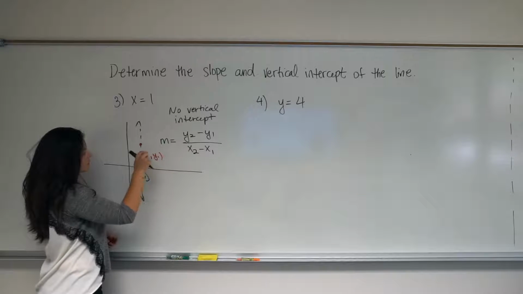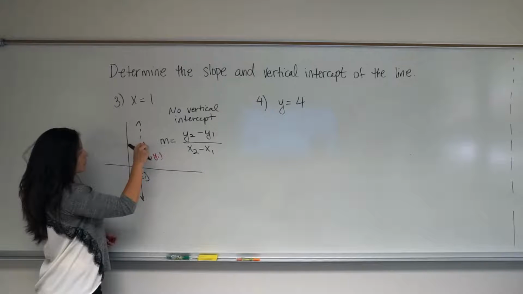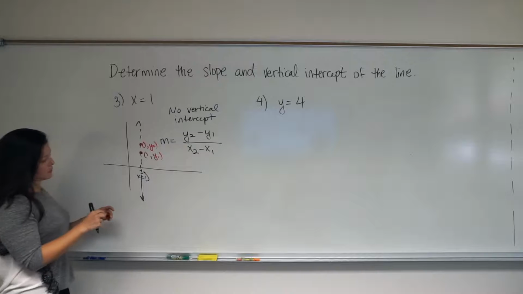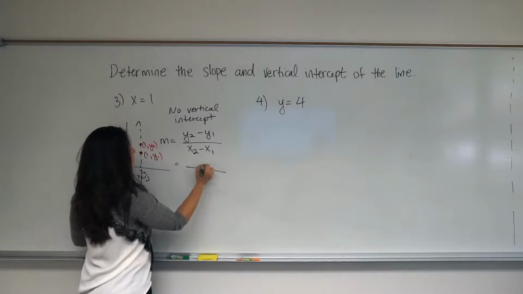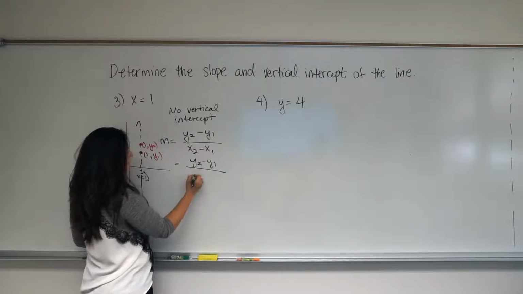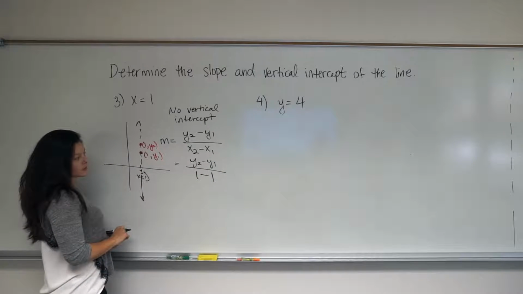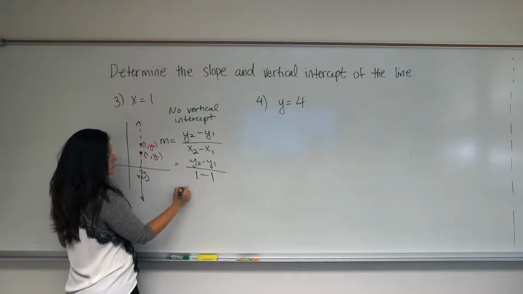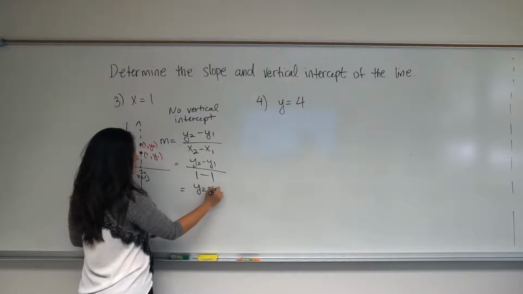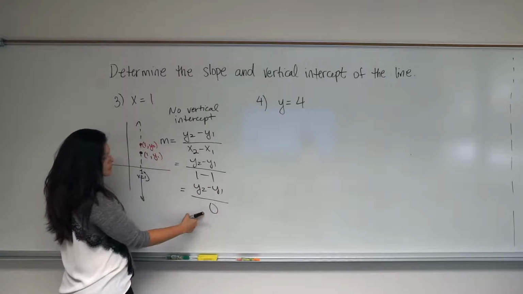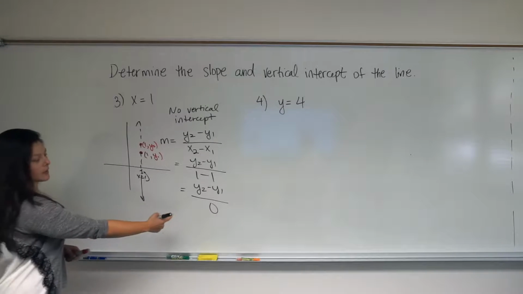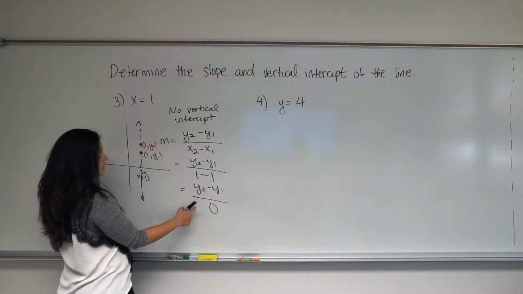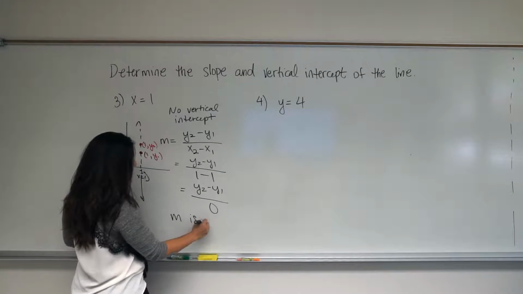So let me just label these as 1, y1 and 1, y2. And if I use this formula for slope, I get y2 minus y1 divided by 1 minus 1, which gives me 0 in my denominator. So I'm dividing by 0, which we can't do. We can never divide by 0. So the slope here is undefined.